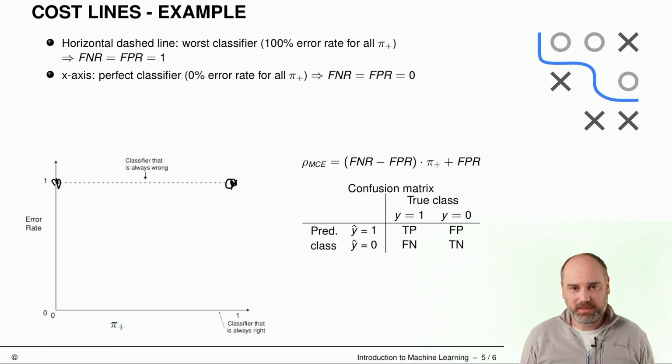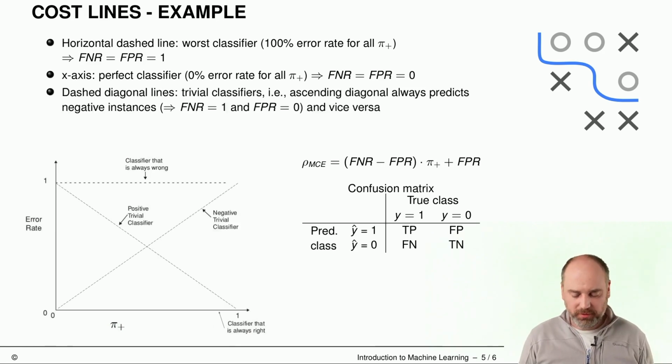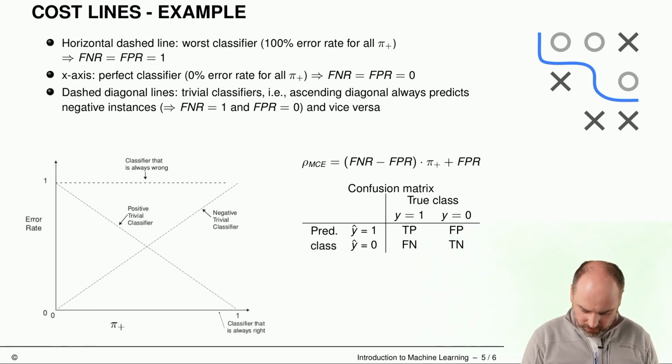Well, the perfect classifier doesn't do any mistakes, so it has 0% error rate, which means the false negative rate and the false positive rate are both 0, so that would live on this line here. Now, what are trivial classifiers that always spit out a positive class and which always spit out a negative class? Let's maybe construct just one of the two. So if we have a positive trivial classifier, we would be at this point here.